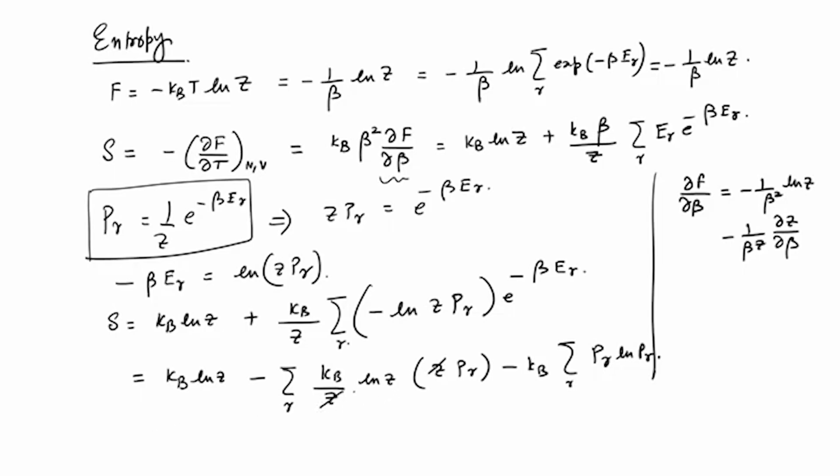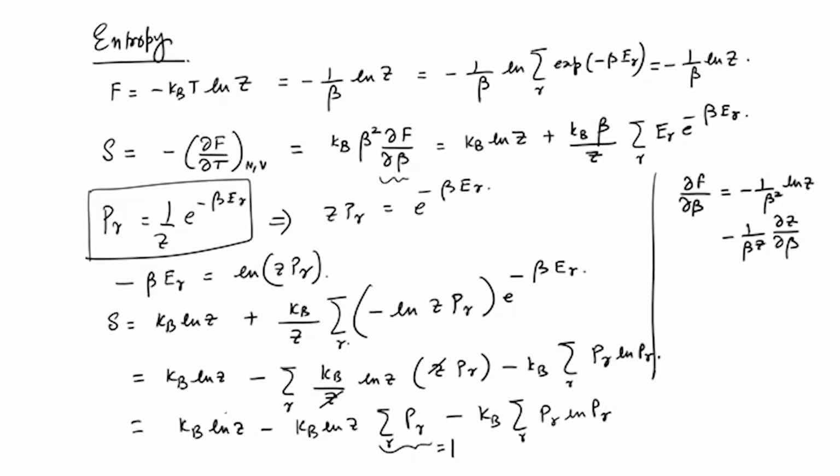The first two quantities cancel in the following sense: there is a k log Z times the sum over r of P_r, and the sum over P_r is equal to 1. So there is a k log Z minus k log Z, they cancel, and we get the entropy to be equal to minus k summation over r of P_r log P_r.